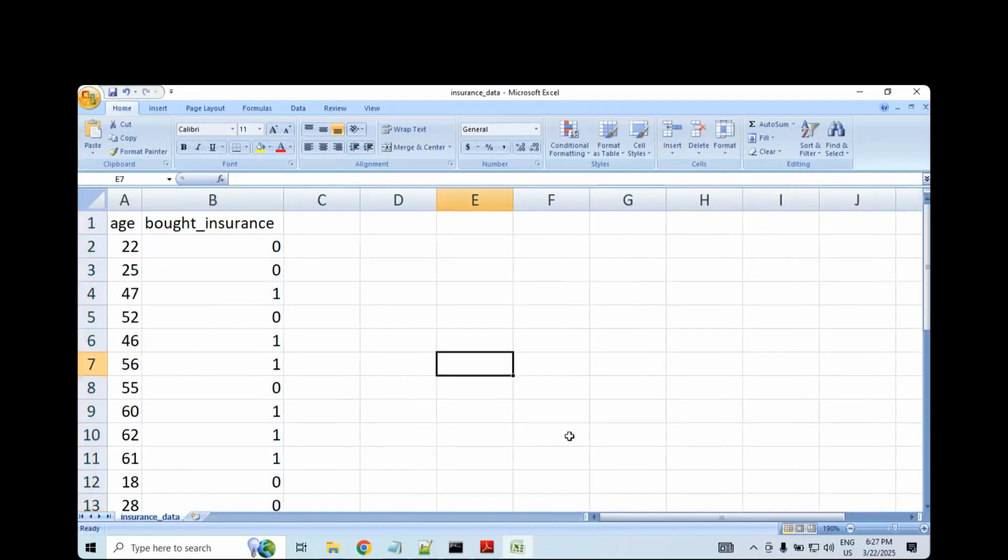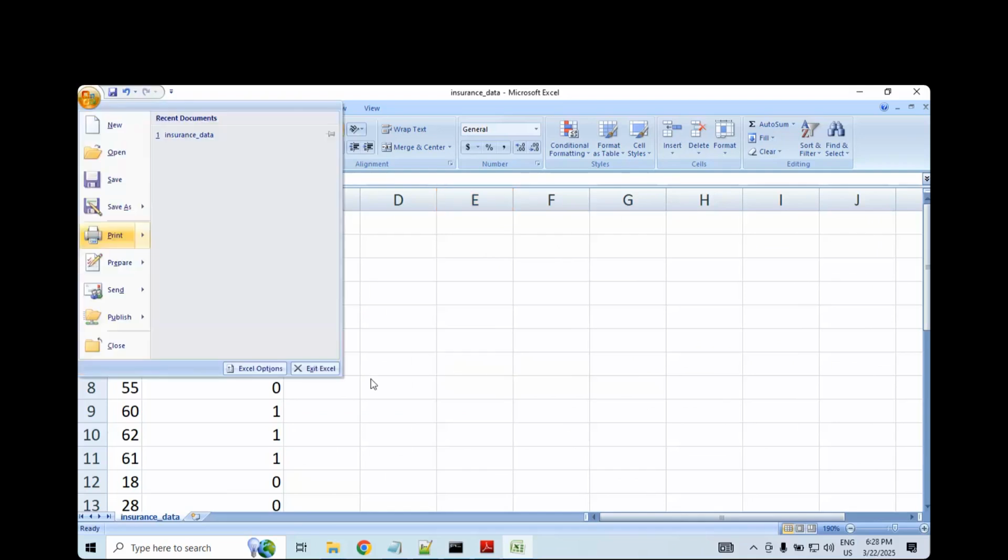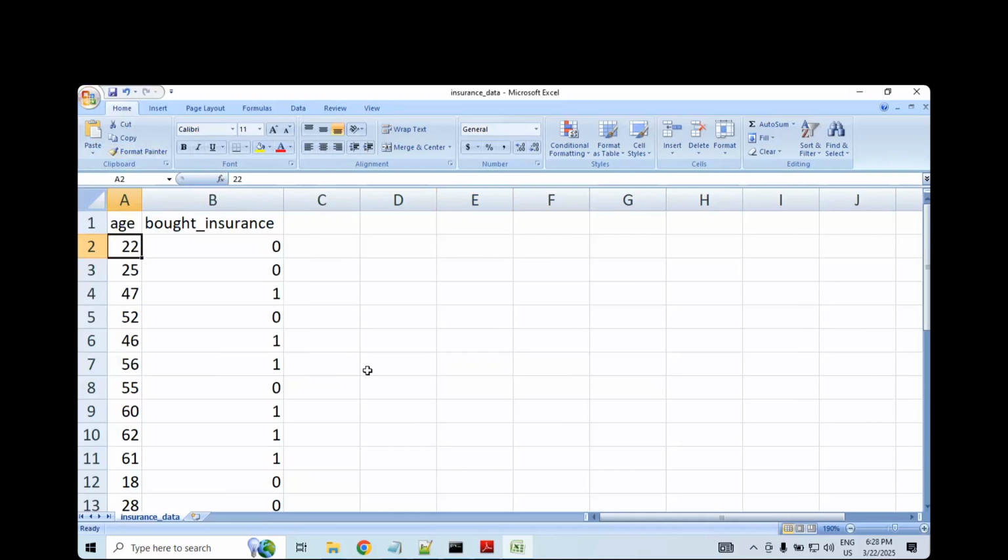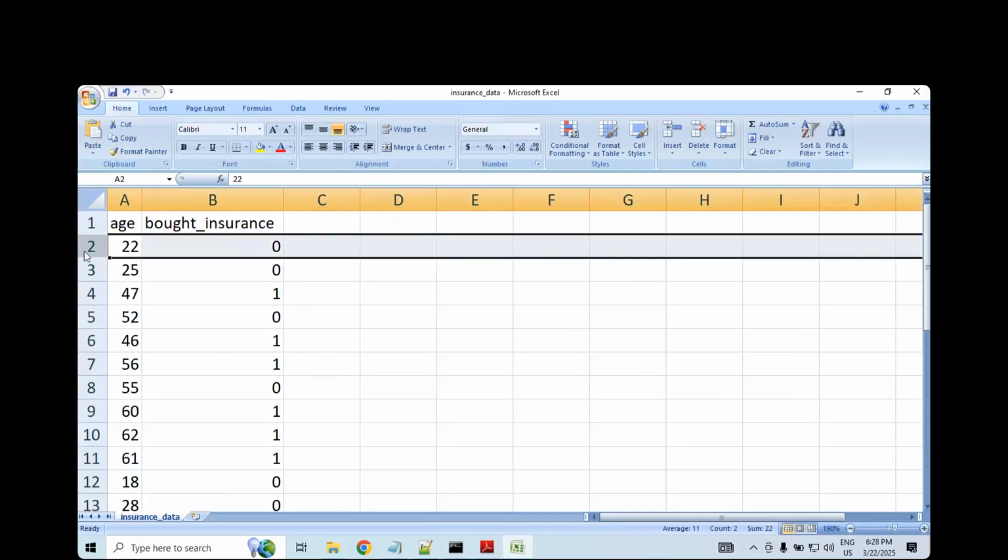Think of this as the whole data that the insurance company has collected. These are all previous data. Let me tell you, the person's age is 22. 0 means he didn't take insurance. Imagine there is an agent, and the youngster, age 22 like me, listens to everything.